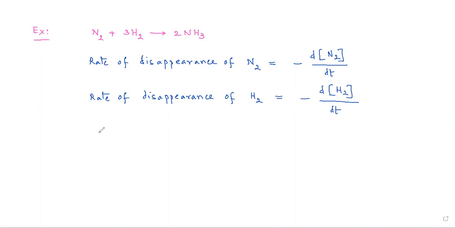And then the rate of appearance of ammonia can be given as plus d[NH3]/dt. See here, there is an important thing.